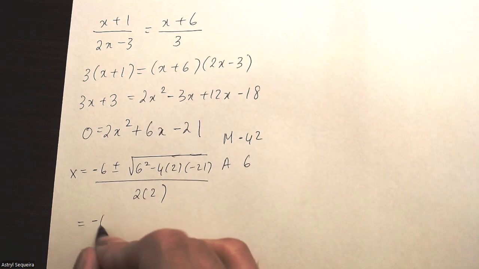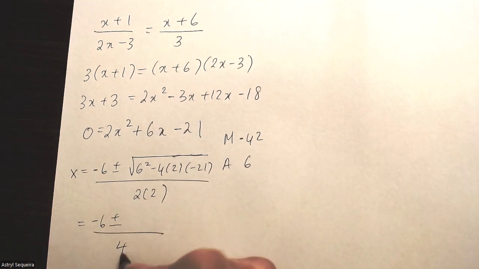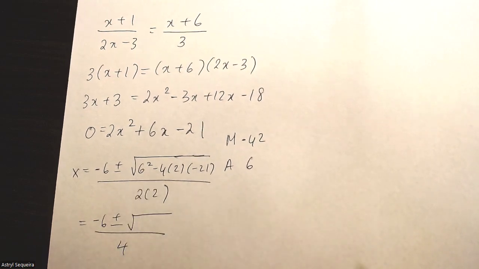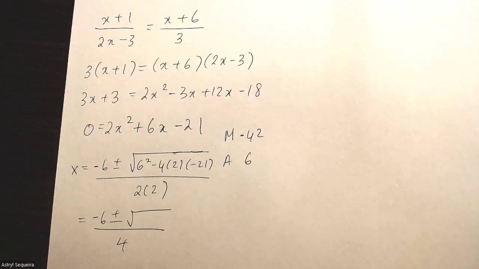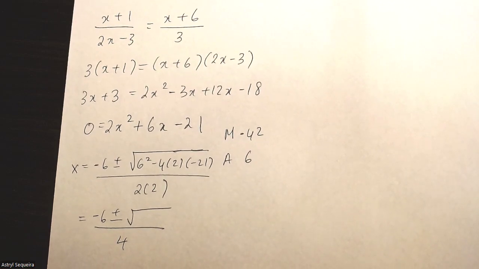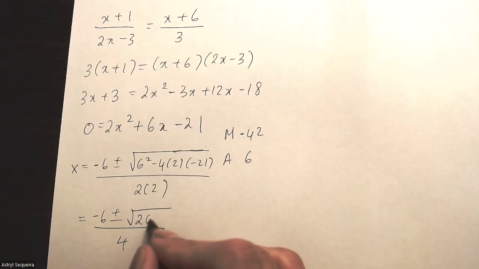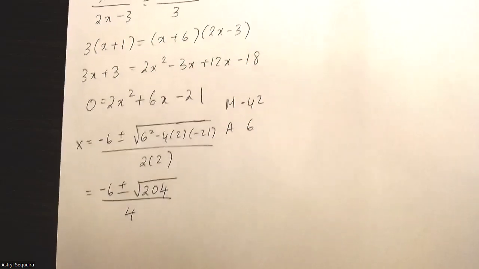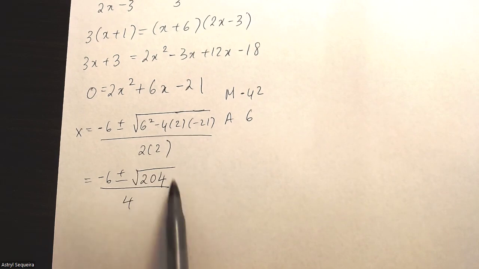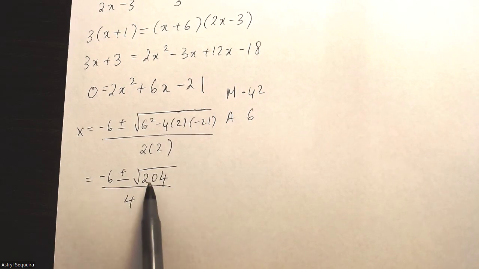And then I can just simplify this. Bottom is just 4. I can put the inside of the root in my calculator, and I get 204. And now I'm just going to use my calculator to simplify this, but if you know your rules of radicals, you can split that up and simplify it.